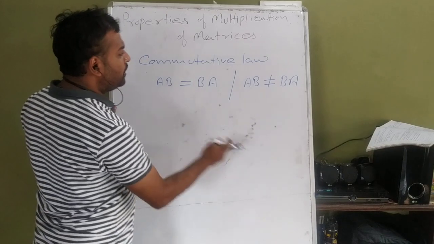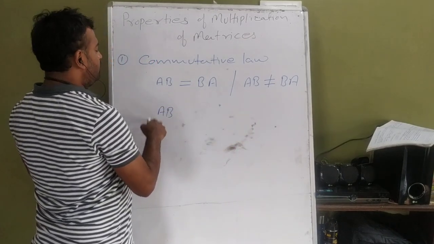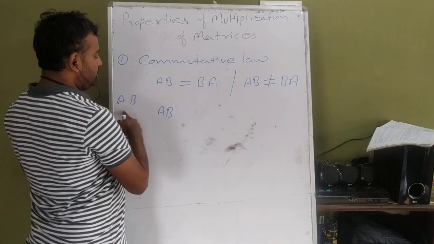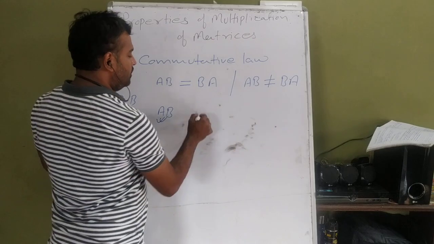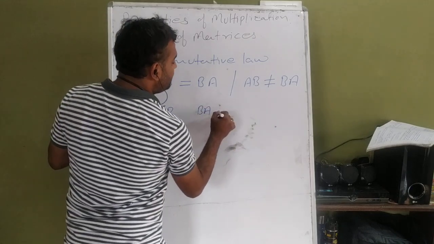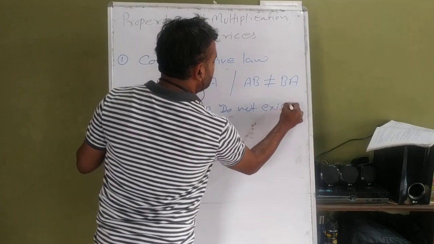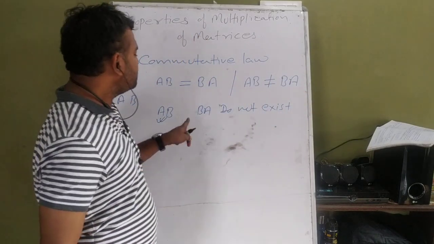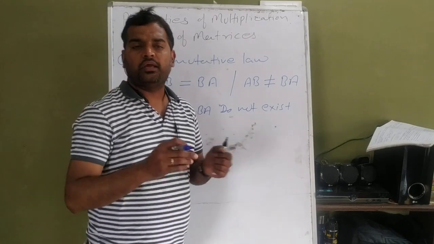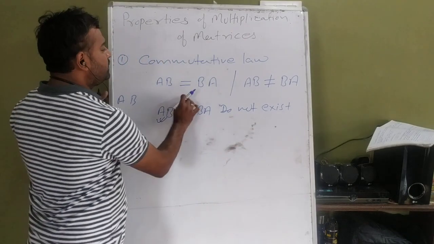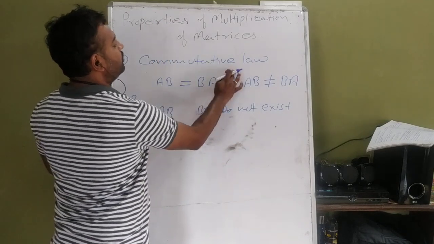The third case can also arise: the product AB can be possible, but the product BA does not exist. It means that the product BA cannot be possible.